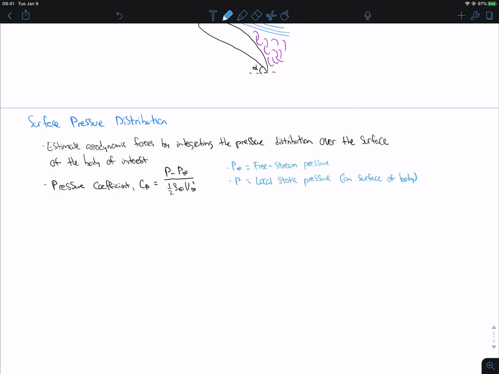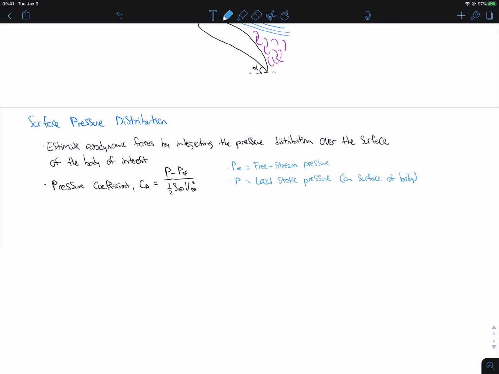So remember, for our lab, we're going to be looking at a hemisphere and a sphere, and for those, we're going to have holes that are drilled into the surface. These holes are going to be our local static pressure taps. The pressure at a tap is going to be equal to the pressure at the surface at the point of interest.